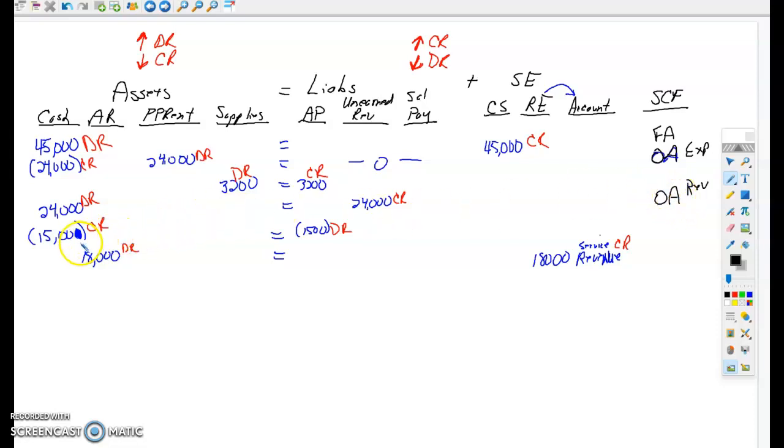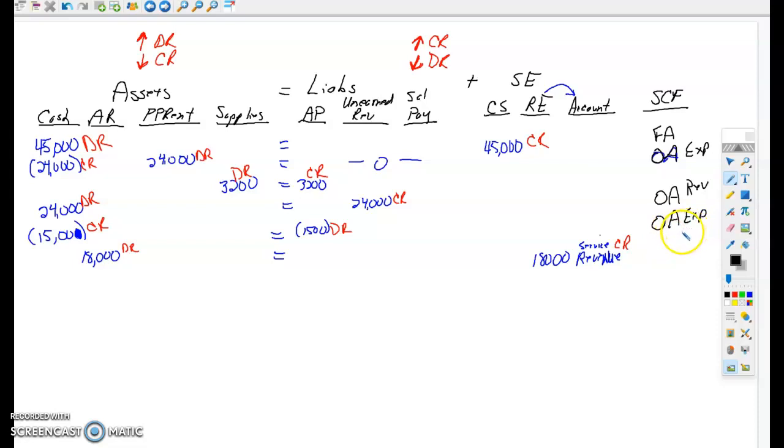This $1,500 was a payment on the accounts payable for supplies, which will eventually be used as expenses, so that makes it operating. The accounts payable is because we bought supplies. Eventually, we will use these supplies and they will become an expense.